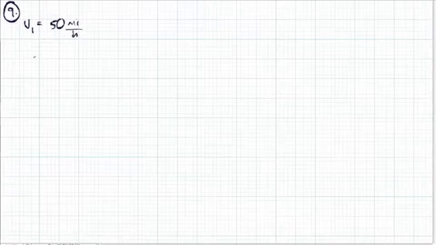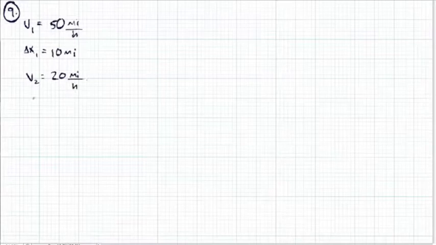And our distance one, or our displacement one, delta x1, is 10 miles. Our velocity 2 is going to be 20 miles per hour, and our displacement 2 is going to be also 10 miles.